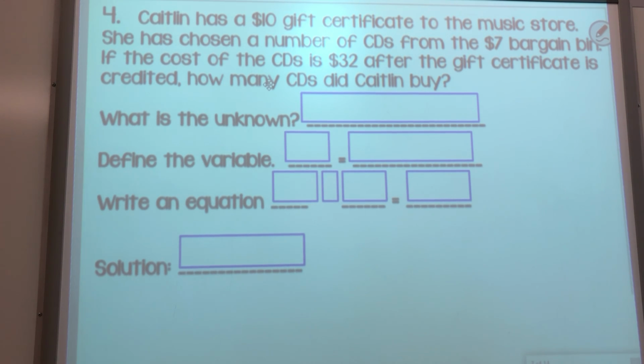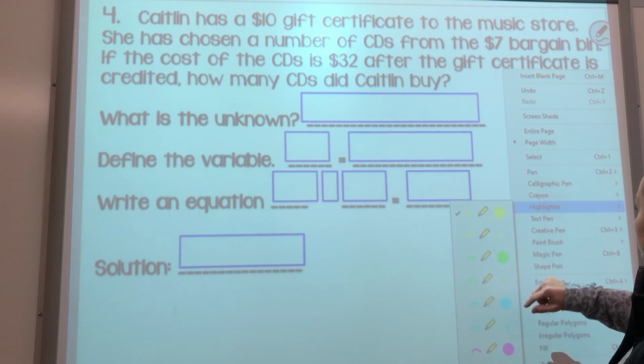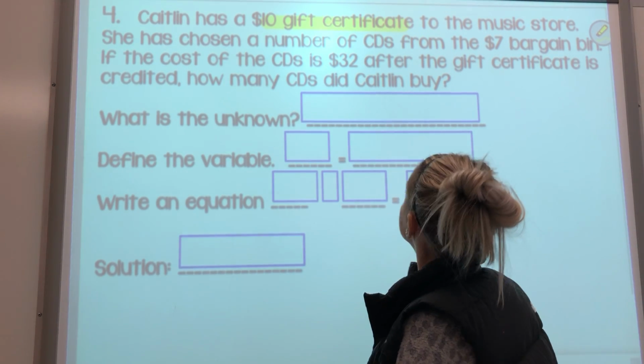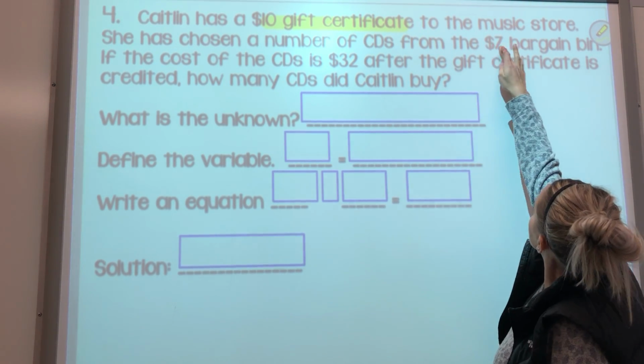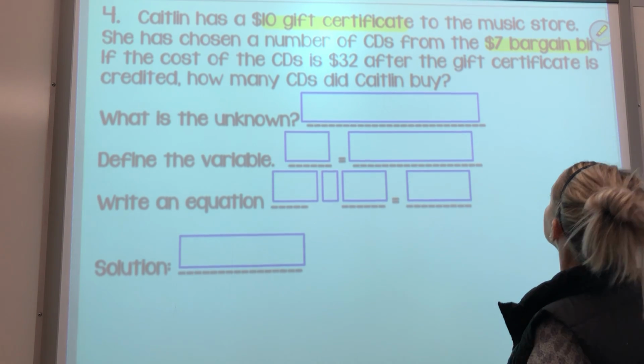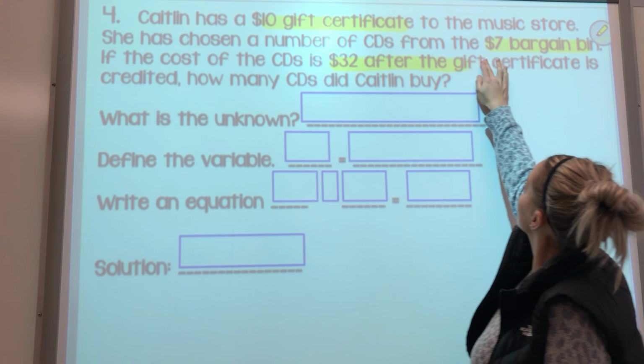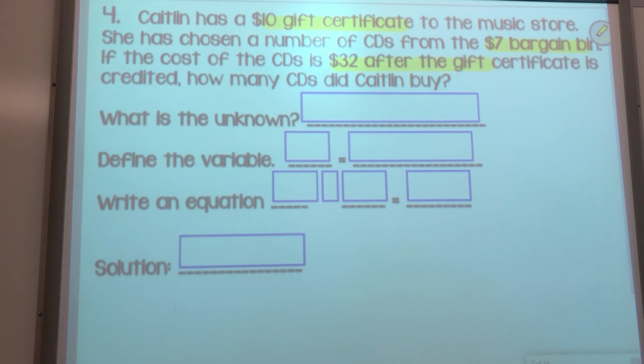Okay. So when we're doing this, we need to make sure that we're identifying the key parts. Our key parts: she has a $10 gift certificate to spend. The CDs are $7 each from the bargain bin. And the cost is $32 after the gift certificate.